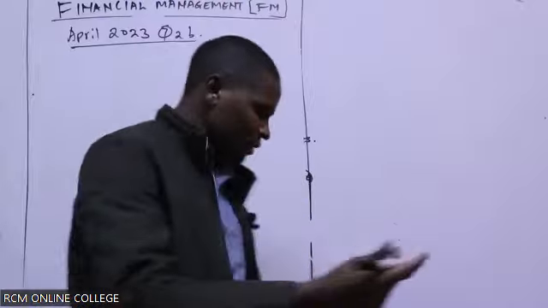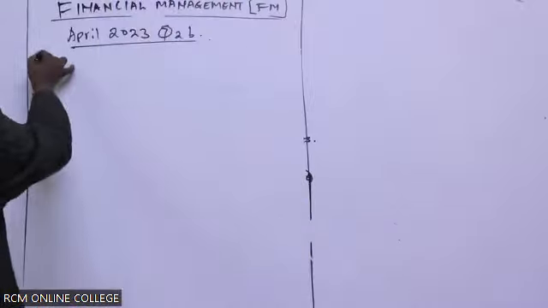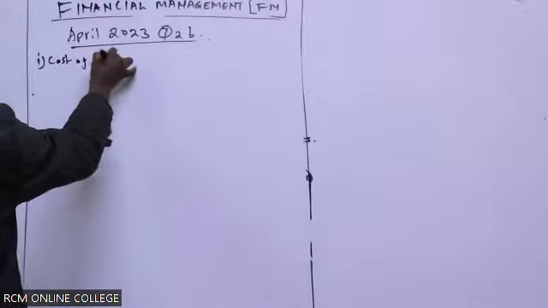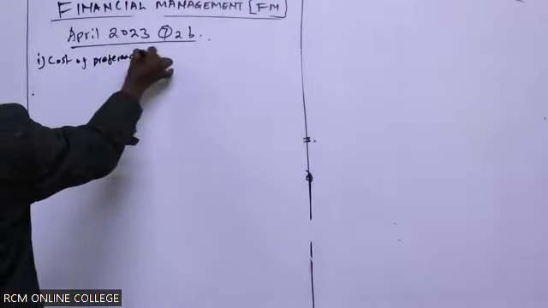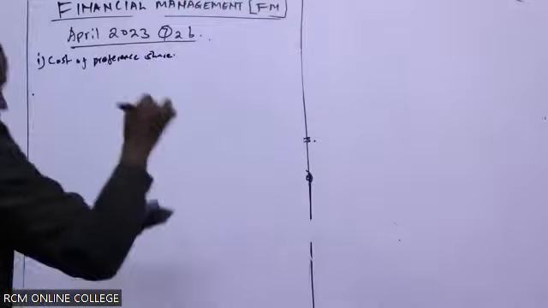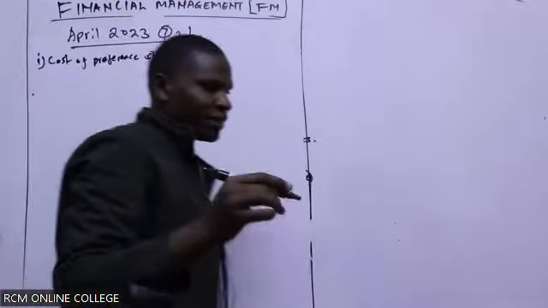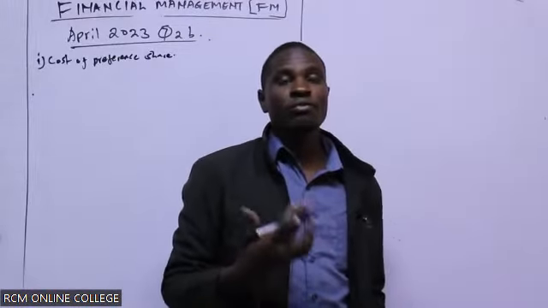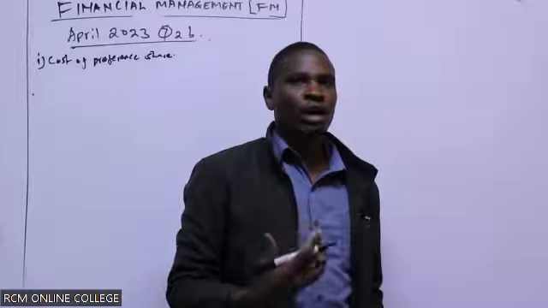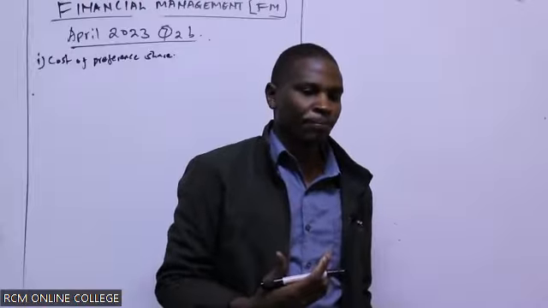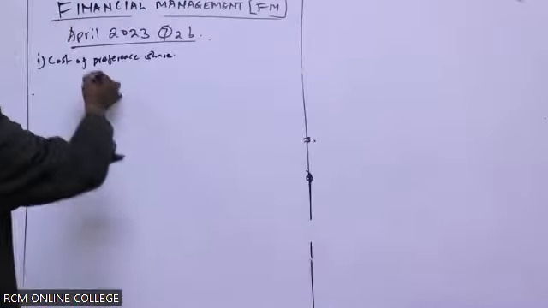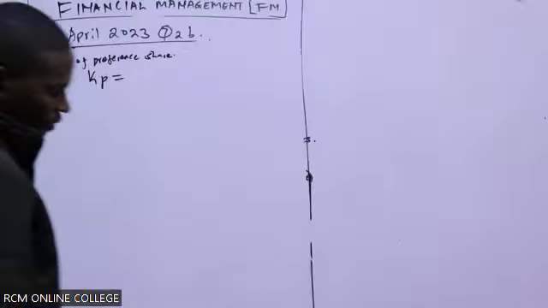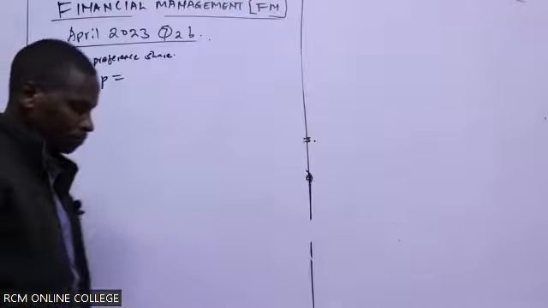We are to come up with the cost of preference share, class. 1, cost of preference share. I told you that the important thing under financial management is for you to know the formula. Now, can you give me the formula of our KP?